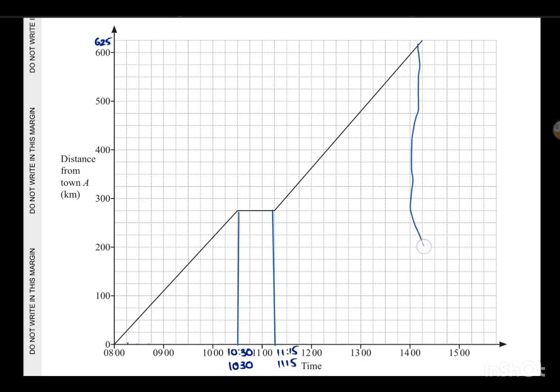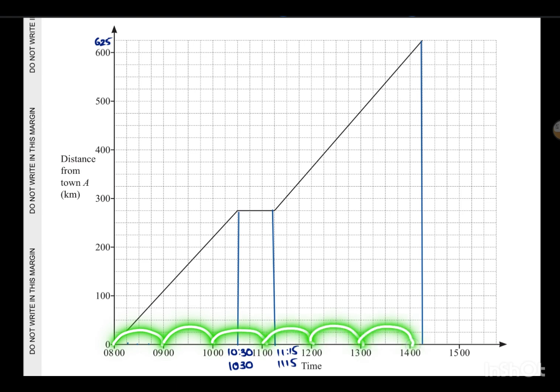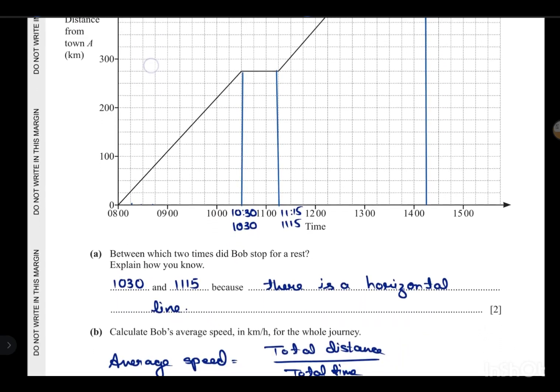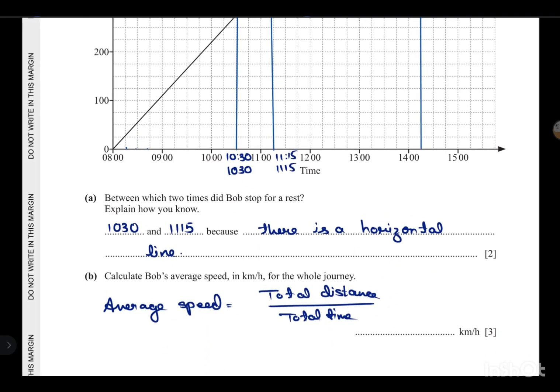So if I draw a line like this, it's after 14, the next box. So it is 14:15. So from 8 o'clock to 14:15, what is the time gap? You can check on the graph itself. 1 hour, 2 hours, 3 hours, 4 hours, 5 hours, 6 hours, 15 minutes. So 6 hours 15 minutes, if I completely convert it into hours, it will be 6.25 hours.